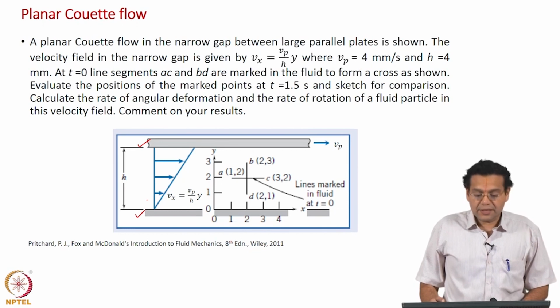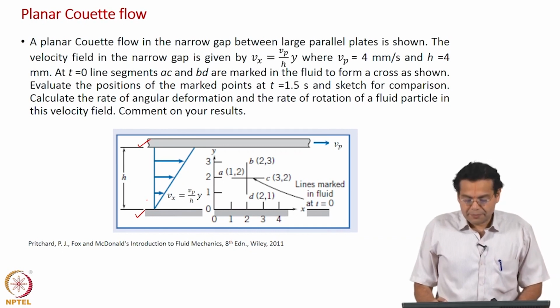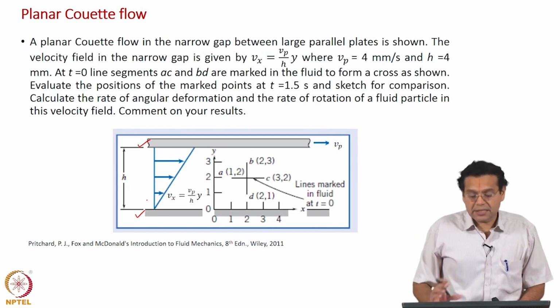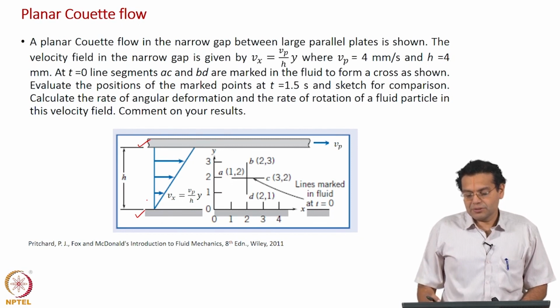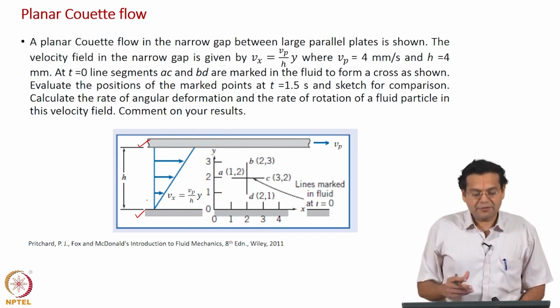The velocity field in the narrow gap is given by Vx is equal to Vp by h into y. Vp is the velocity of the plate and h is the vertical distance between the two plates. We are given the velocity of the plate as 4 millimeter per second and the height to be 4 millimeter. By numerically giving the same value, it simplifies some calculations.